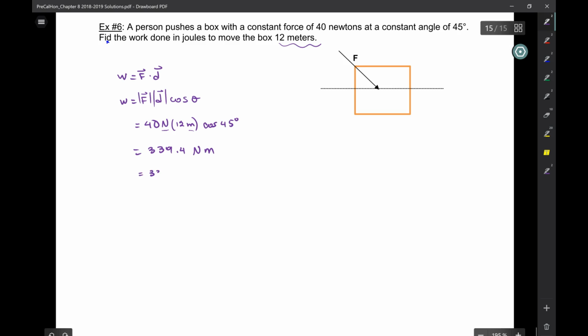So this is 339.4 joules. A newton is a derived unit: kilogram times meter per second squared. Then this is kilogram times meter per second squared times meter, which is a joule. So this is one method.